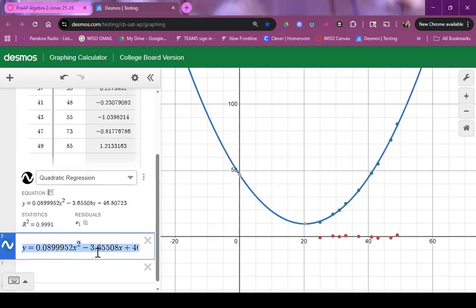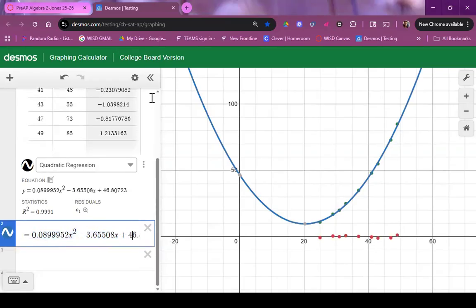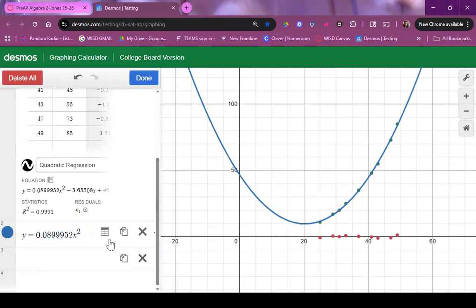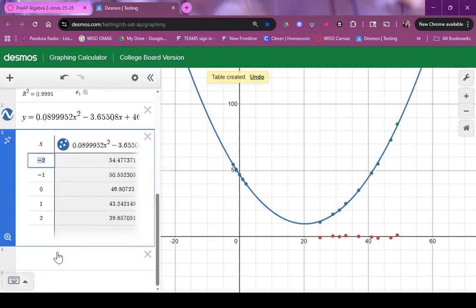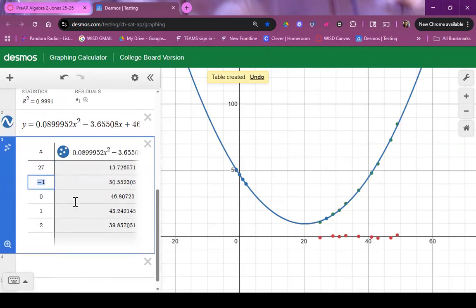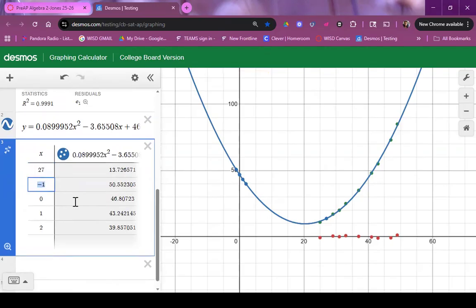I've already copied my equation down. I'm going to click on the tool, open the table, and I need to find the value of 27. And I need to find the value of 45, right? Not 39 yet. So these are my two missing values that I can go ahead and put in those places.